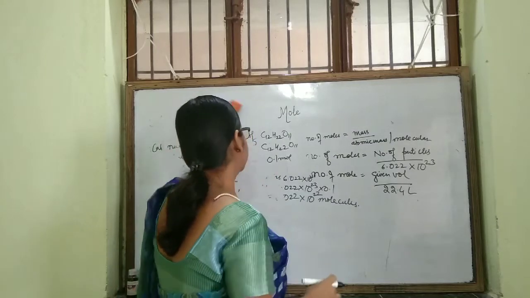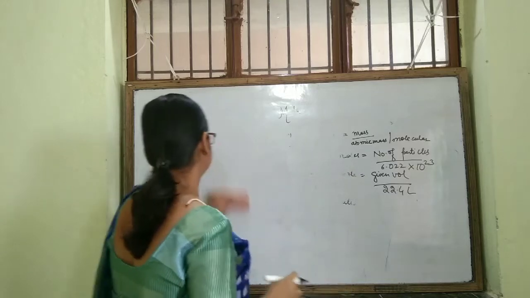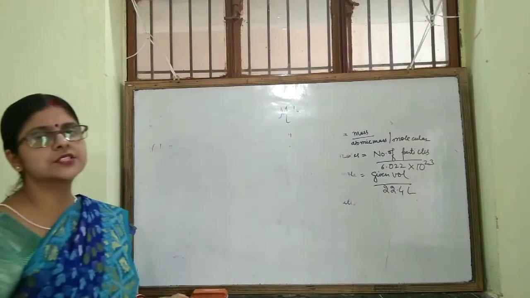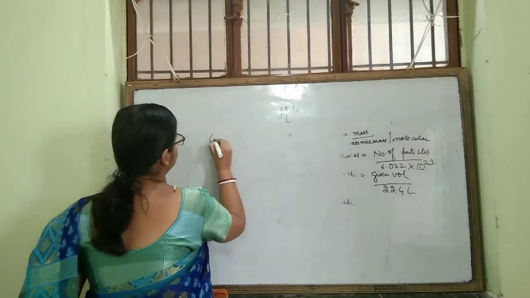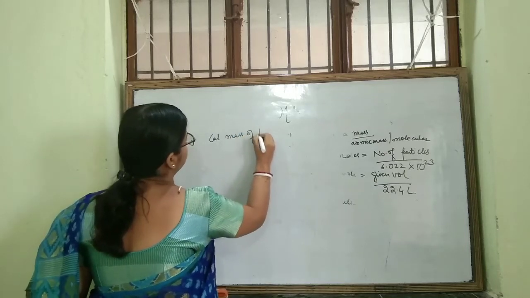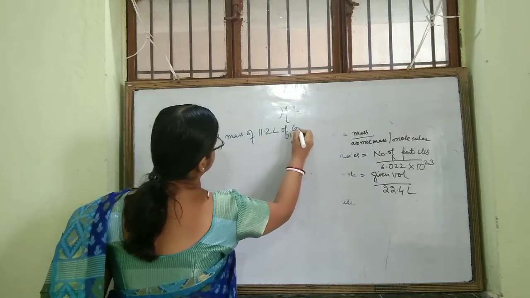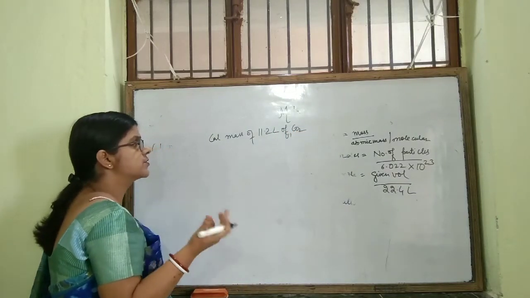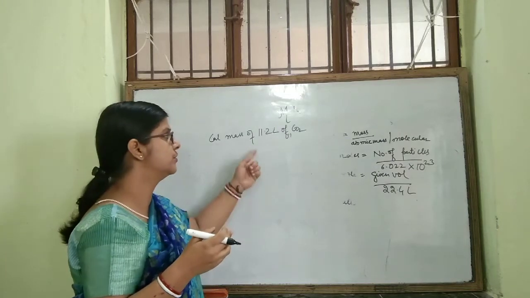Suppose again another example I am taking. Suppose you are asked to calculate the mass of 11.2 liter of carbon dioxide at NTP. How will you calculate?